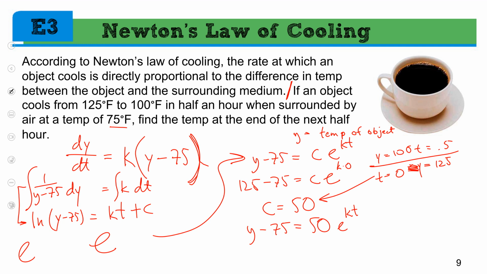So then I would use this information to solve for k by doing 100 minus 75 is equal to 50 times e to the one half k. And I think you see where this is going. You solve that for k, store that number, that now becomes your rate. And knowing that, you then have your general equation for this law of cooling problem.